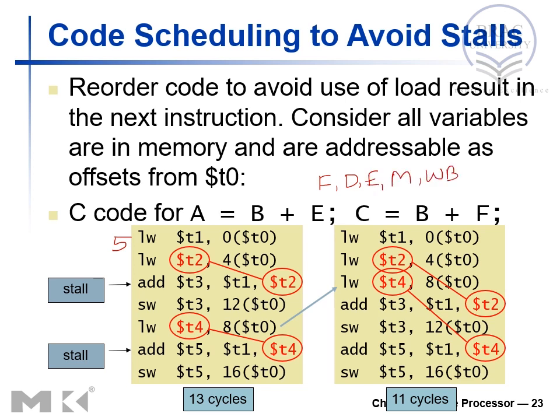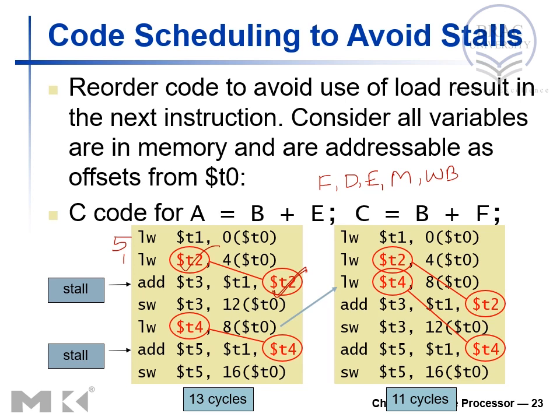Each stage would take 1 clock cycle, so in total 5 clock cycles. And then after each clock cycle, one instruction will be executed. So for the second load, we need another one. See, this T2 and this T2 are the same. That means this T2 is dependent on the T2 of the second load.